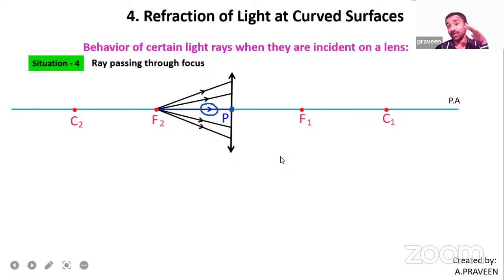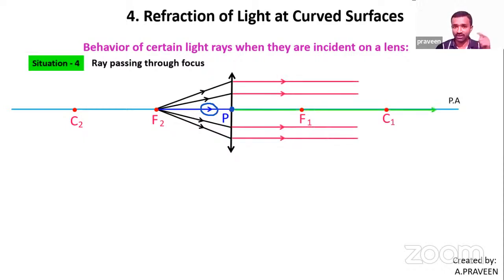If a parallel beam of light is incident on a double convex lens, they meet at a common point. Here, the rays already start from a common point, so after refraction they become parallel. The other light rays are refracted at their respective points of incidence, so they become parallel after the refraction.